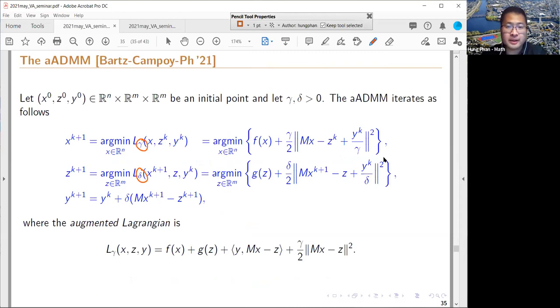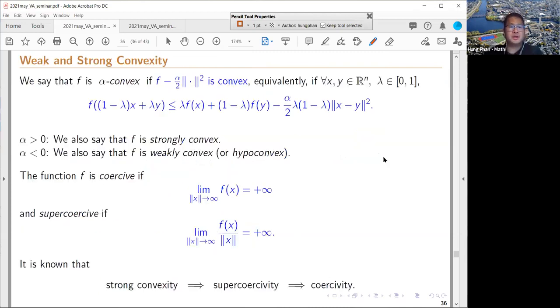I can move on to the application, where we will apply this to minimization problems of weakly convex functions and strongly convex functions. So f is alpha-convex if f minus alpha half of the norm squared is convex, or equivalently, you can write down this expression.